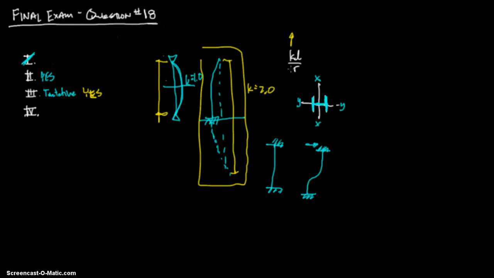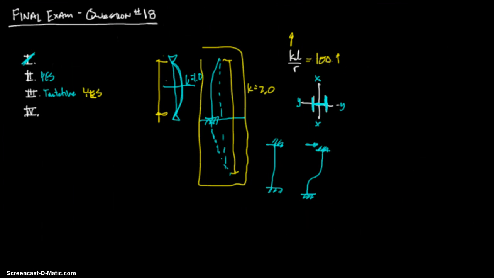Sometimes it could be confusing, but you can always remember that anything KL over R above 100, your moment magnification gets messy. You don't want a KL over R over 100. You want it under 100 if you can. You can do it over 100, it just makes the analysis a lot more difficult. That's my general rule of remembering this, and I hope that sticks in your mind if you have a question like this on your test.